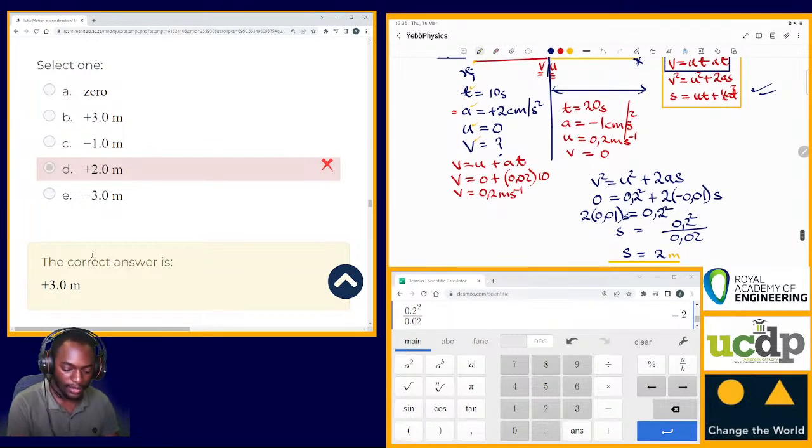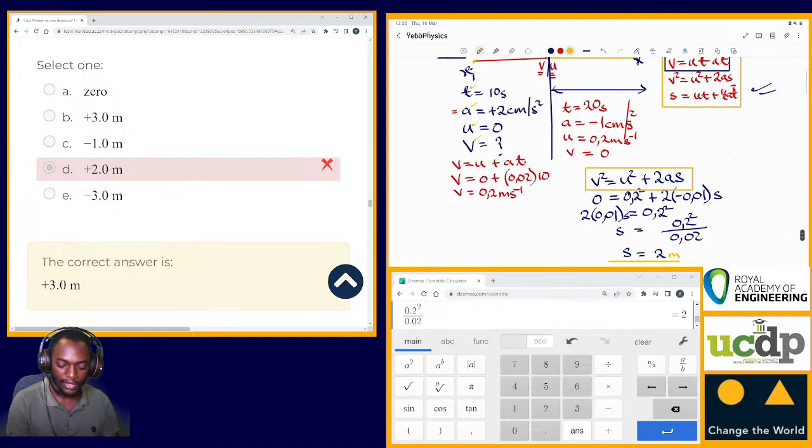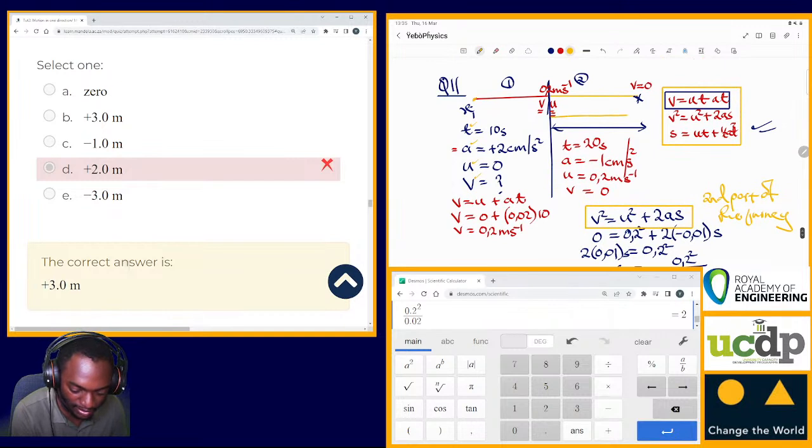We used this equation, v squared is equal to u squared plus 2as. The distance that we calculated is for the second part of the journey.